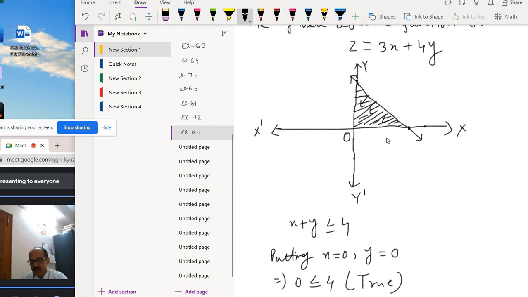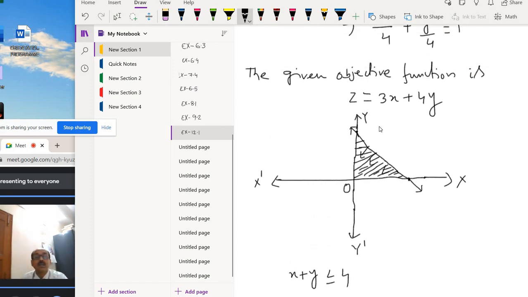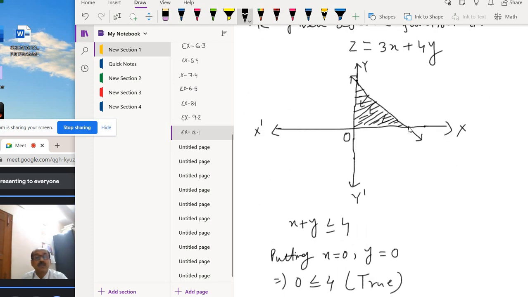Okay, it is clear. And x by 4, that means the coordinate of this point, this is A and this point is B. So the coordinate of A is (4, 0), and the coordinate of B is (0, 4), because y by 4, y is also 4. And the origin coordinate is (0, 0).